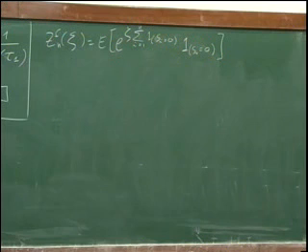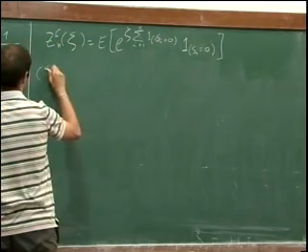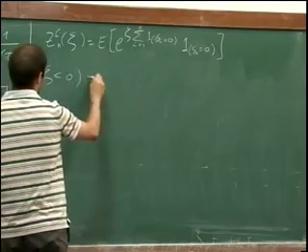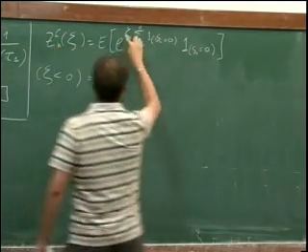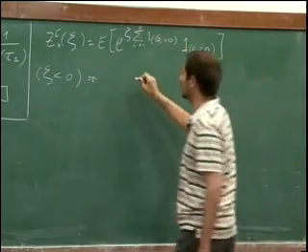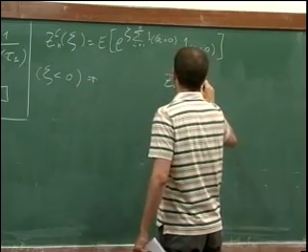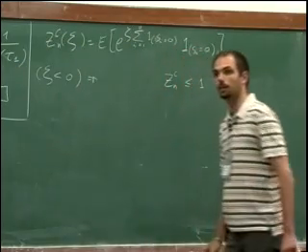Now, first of all, for zeta negative, everything is very simple. As told by Frank, if zeta is negative, then this is the exponential of something negative, so it is less than 1. So you just conclude that Z_n is less than 1.